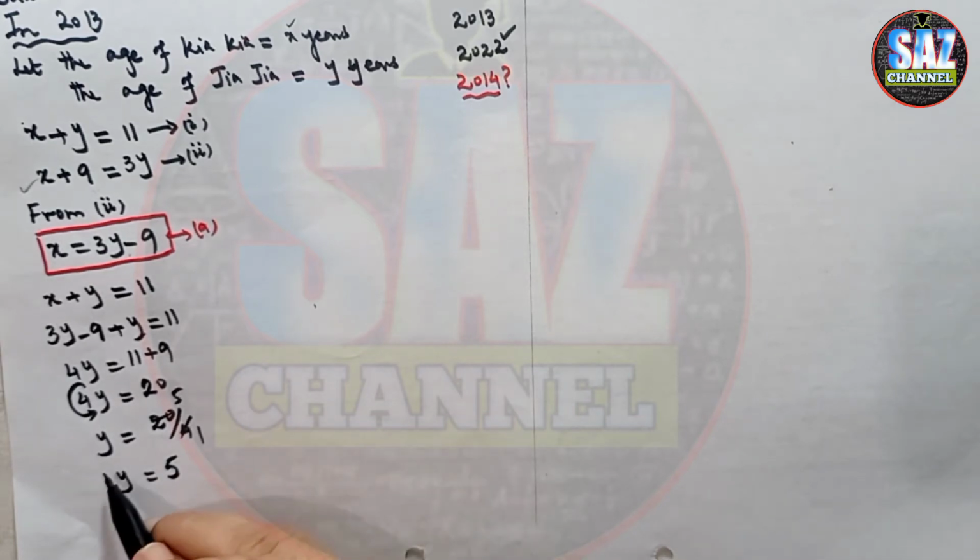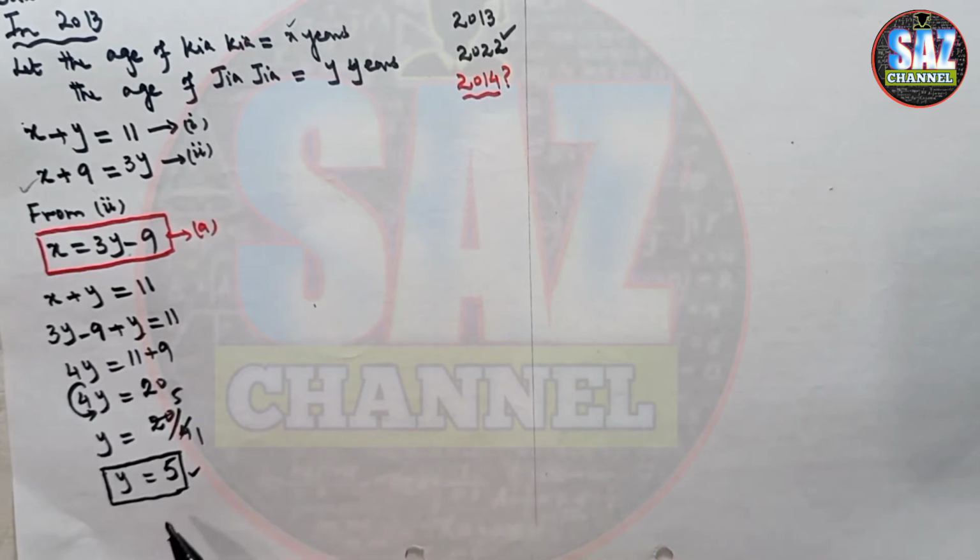y equals 5, and we know that y is the expression for the age of Gia in 2013. After getting the age of Gia, we have to get the answer for x as well.